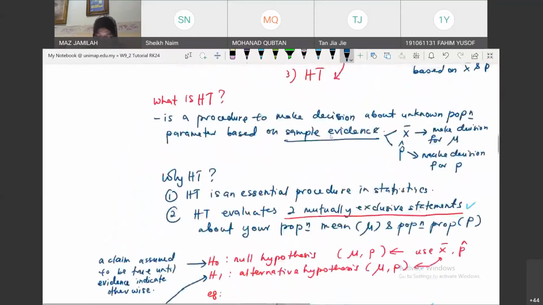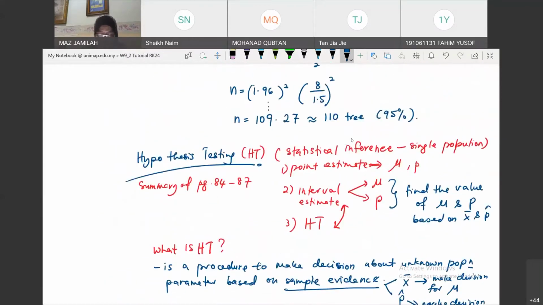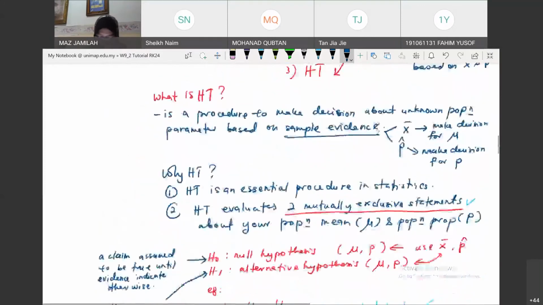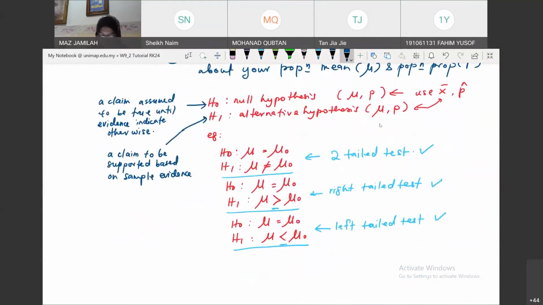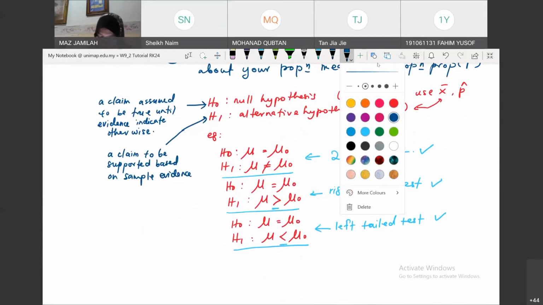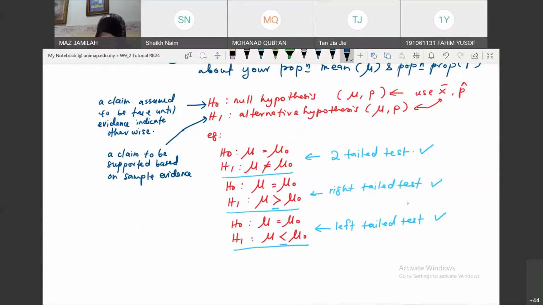Now, that is more or less some of the introduction of hypothesis testing. Now, what is mu naught? Mu naught is the one that usually will be given to you. So this one is a value given in the equation.